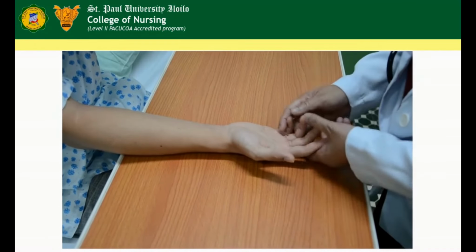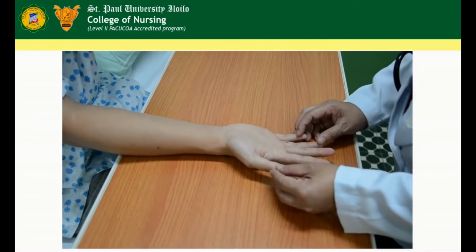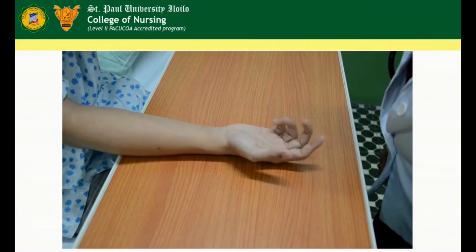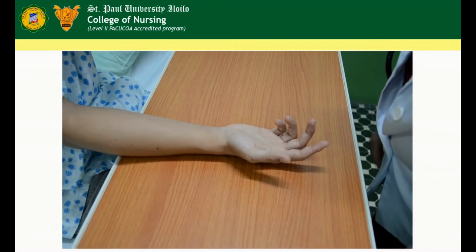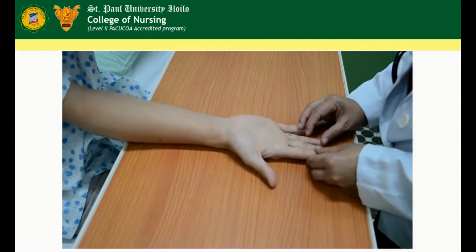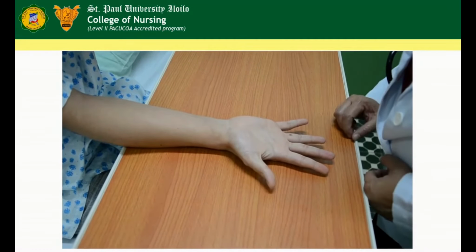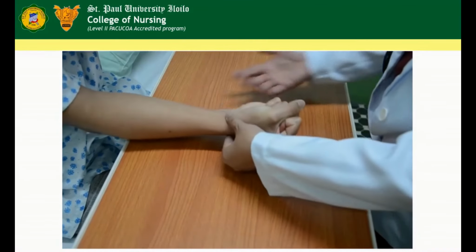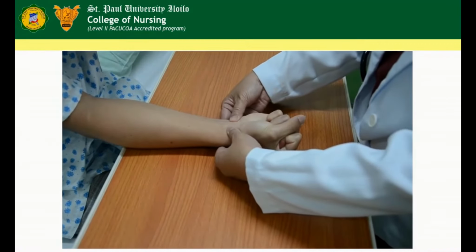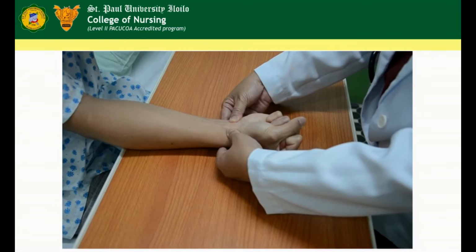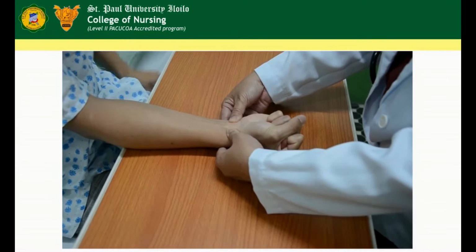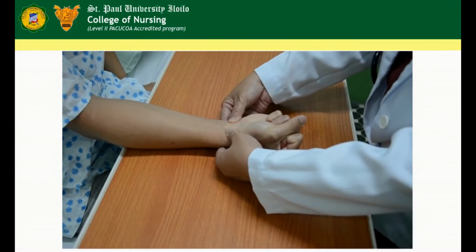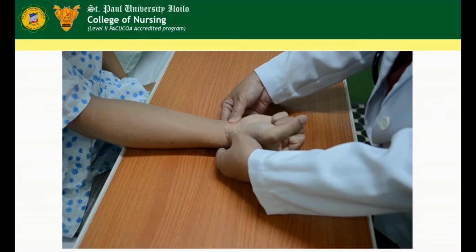This test determines the patency of the radial and ulnar arteries. Ask the client to rest the hand palm side up on the examination table and make a tight fist. Occlude both radial and ulnar arteries with your thumb. Ask client to open hand into a relaxed, slightly flexed position.